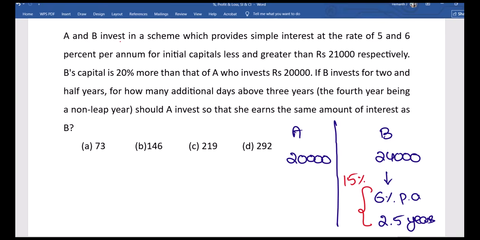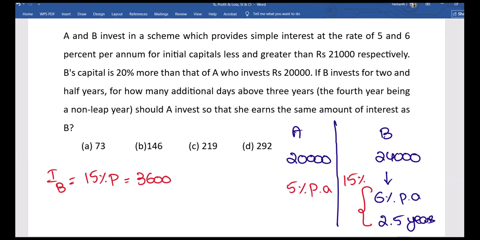Interest is calculated on principal. B's interest is 15% of 24,000. 10% is 2,400, 5% is 1,200, so it will be 3,600. B's interest is 3,600.